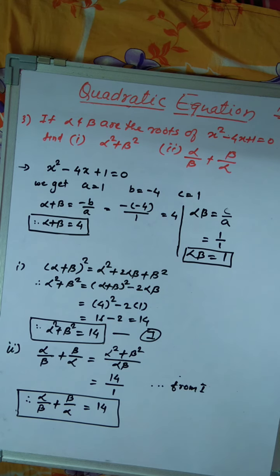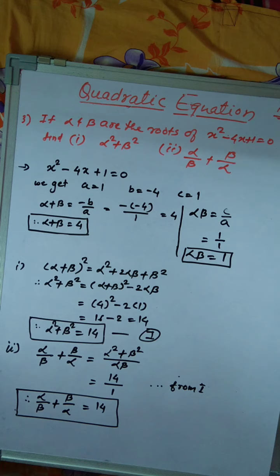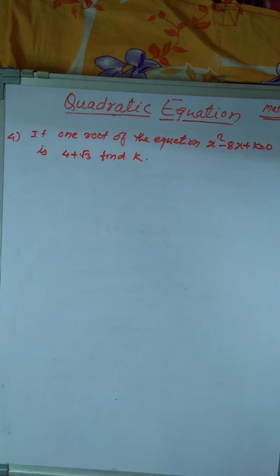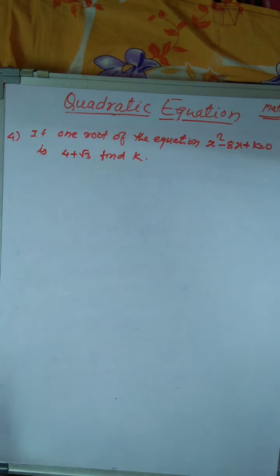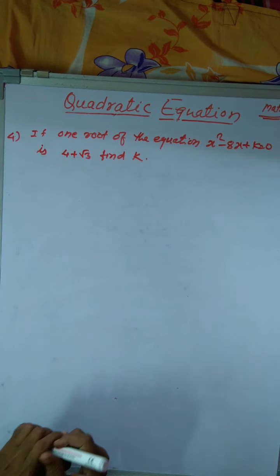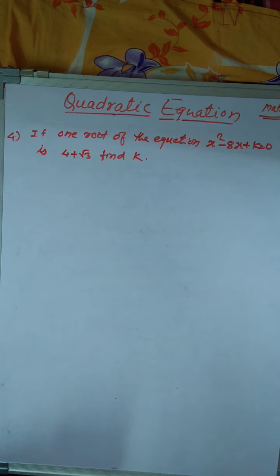Now the fourth example. If one root of the quadratic equation x square minus 8x plus k is equal to 0 is 4 plus root 3, find k.